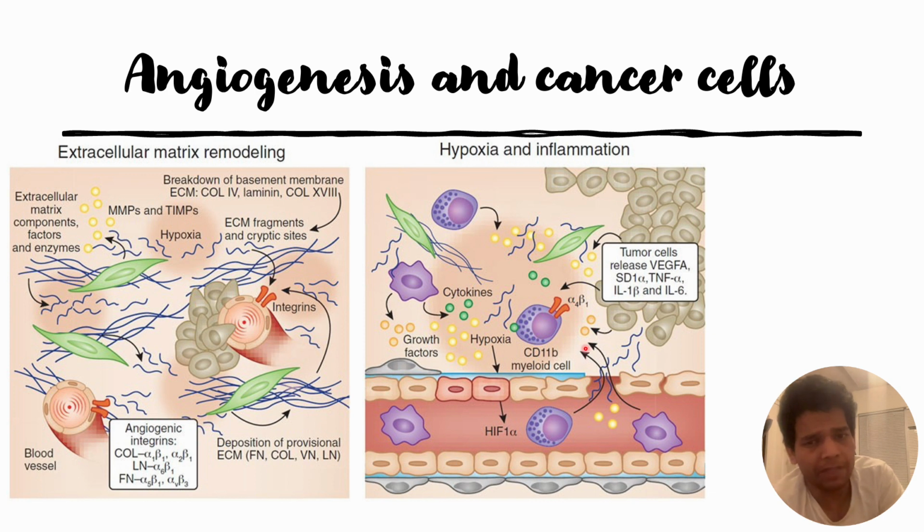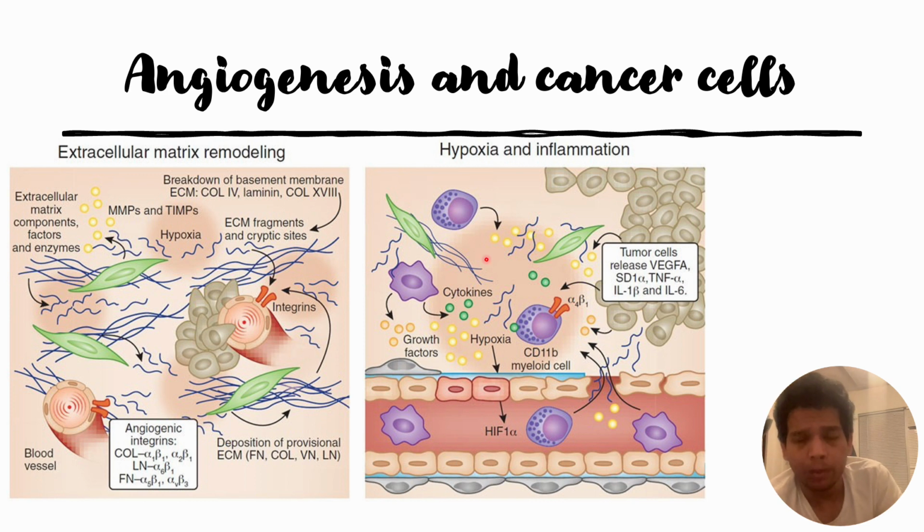These myeloid cells will release chemokines, and these chemokines will be used by tumor cells for their survival. Simultaneously, when tumor cells take the shape of bona fide endothelial cells, they will also help in supplying nutrients to the hypoxic condition by generating angiogenesis.